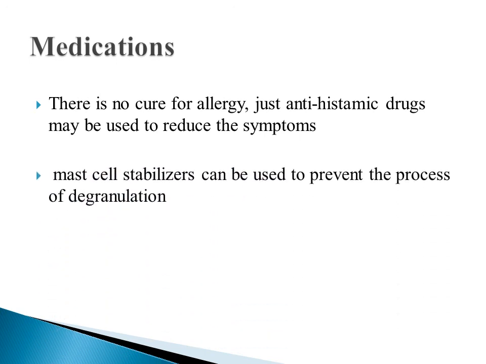Moreover, mast cell stabilizers can be used to prevent the process of degranulation, which means that mast cell stabilizers are used in order to prevent the release of histamine from the vesicles. That is, they prevent the binding of the vesicles containing histamine to the membrane of the mast cells, and thus they prevent the degranulation process.